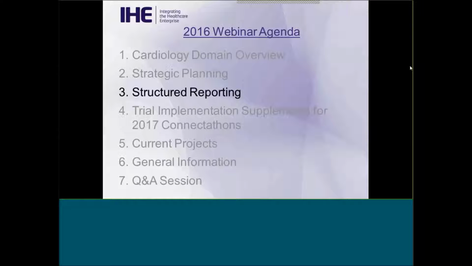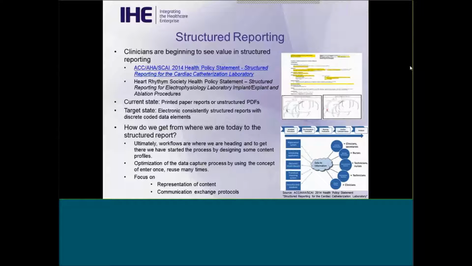So next on the agenda, I'd like to cover a little bit about structured reporting. This is Chris Melo from Phelps Healthcare. As noted by Alan and Antje, one of the strategic areas of focus is structured reporting, and for cardiology specifically, we're now starting to see that clinicians are beginning to realize the value of having structured reports.